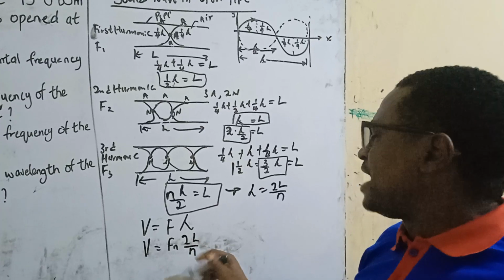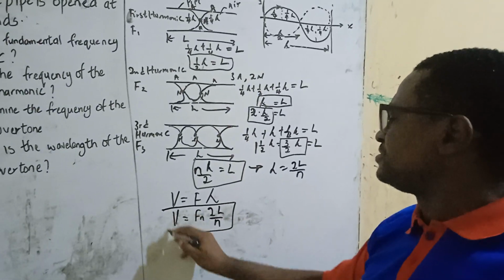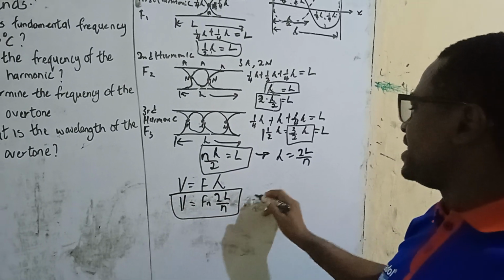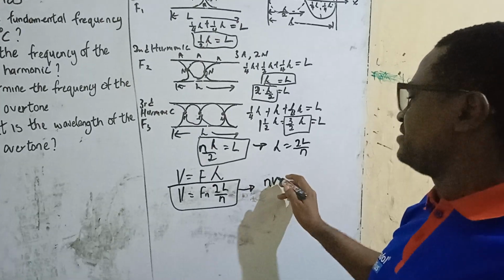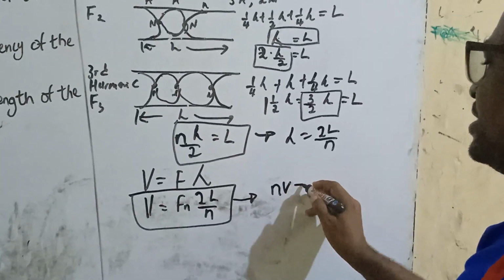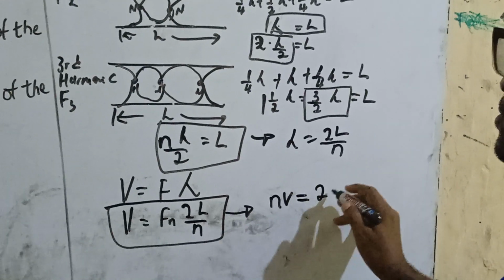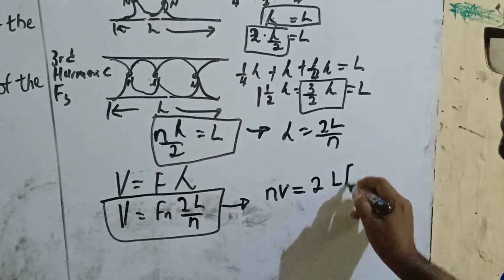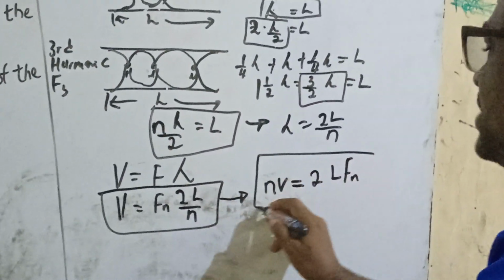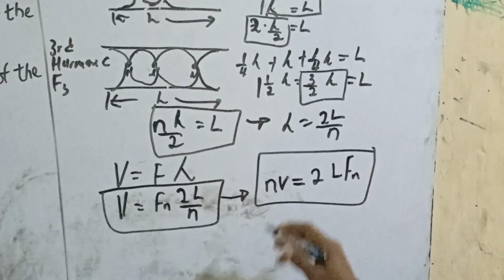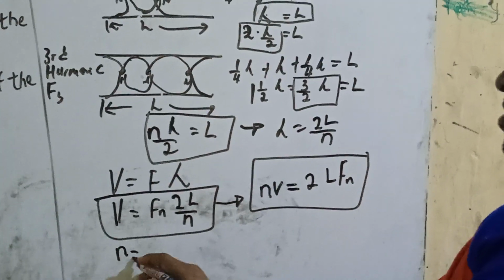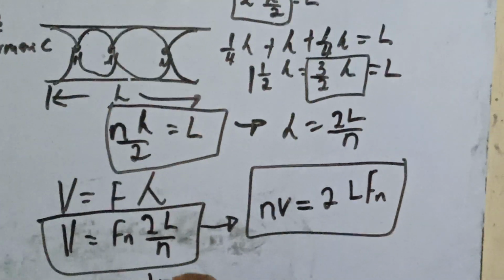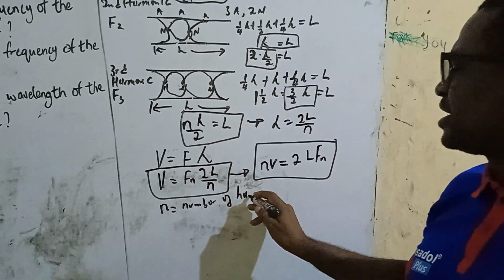So we can rewrite this expression by cross multiplying this n as nv is equal to 2L Fn. I prefer rewriting this formula this way, where n is called number of harmonic.